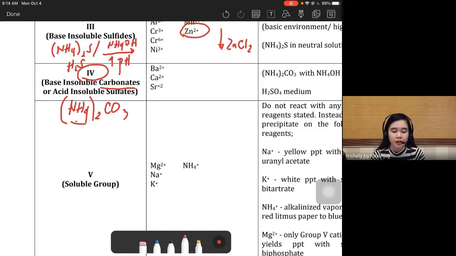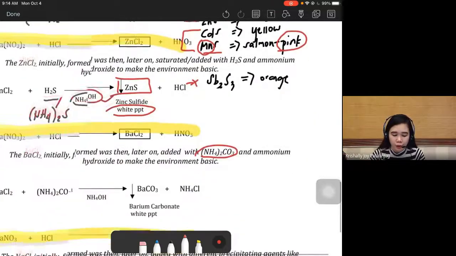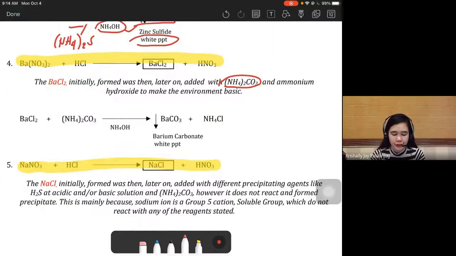Diba sabi, group 4 cations are insoluble carbonates. So whenever these ions are reacted with a carbonate at the basic environment, it will form an insoluble compound, a precipitate. In this case, you have a barium ion, which is a group 4 cation, being reacted with ammonium carbonate. It will form a carbonate salt, the barium carbonate, and its color is white.